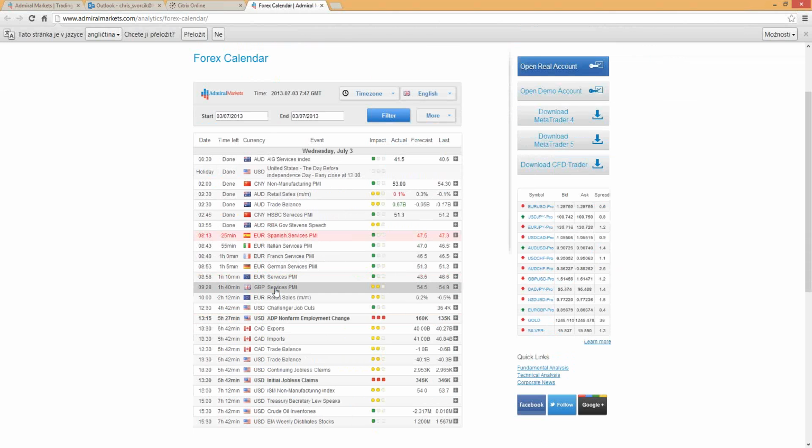Forex calendar, we have ADP later on. That is still 5 hours, 27 minutes from now. But that is a biggie. Plus, we have USD initial jobless claims. That's a big one too. We have a lot of USD news actually today, spread throughout the session. We do have services PMI, which is medium here, which I would say is maybe high as well, but it's a smaller thing.